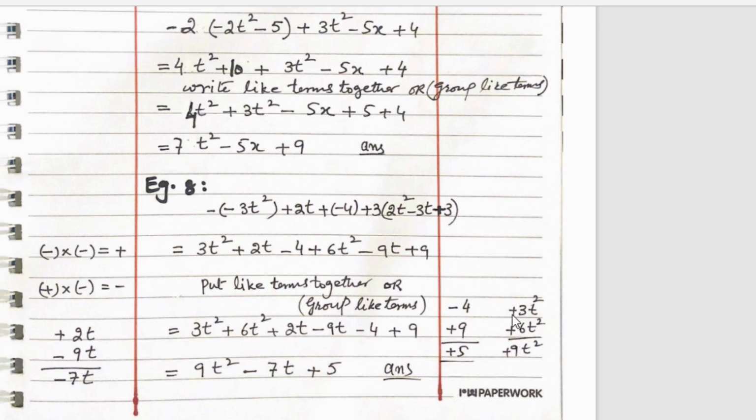First of all, come here, plus 3t square and plus 6t square is plus 9t square. Okay, plus, same signs along with the terms, and addition is going on. So the same sign will come with the answer, 9t square. Here, second group, plus 2t minus 9t. Okay, the upper term is smaller, the lower term is bigger.